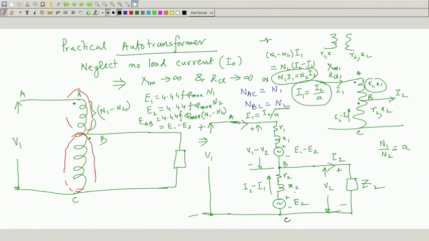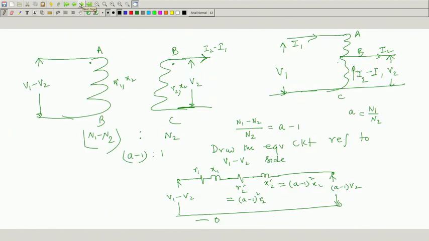But we want to find an equivalent circuit of this transformer referred to the source side, that is this side. To do this, what we noted in my last class is that portions AB and BC are two separate windings.